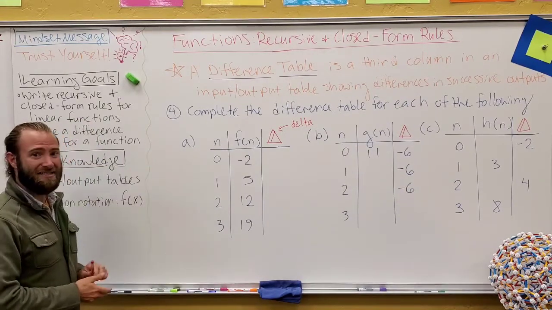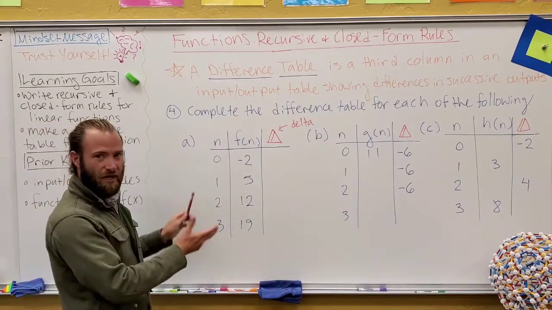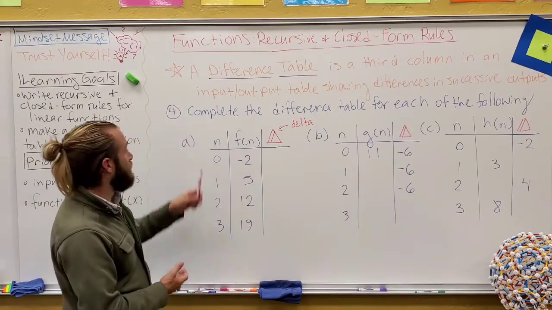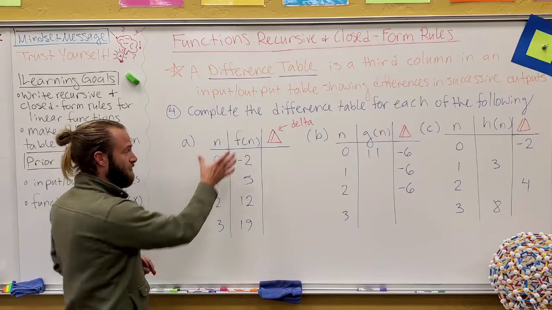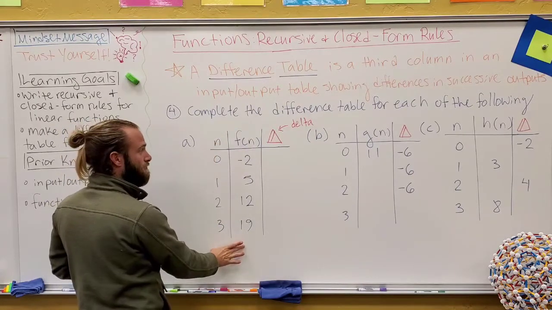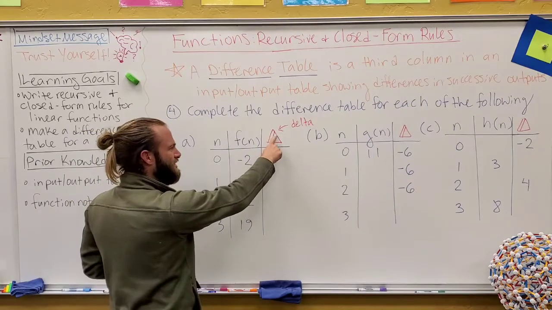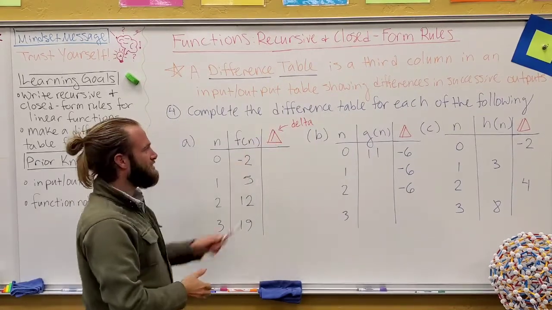So in our very last example, I'm going to do the first one with you to show you how to set it up, and then I'm going to have you take a stab at the other two on your own. So complete the difference table for each of the following. In order to make a difference table, you take your input and output table, and make a third column. The symbol we use here is this triangle, called delta.